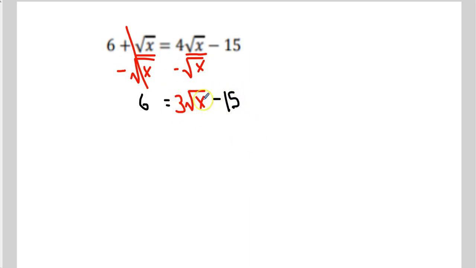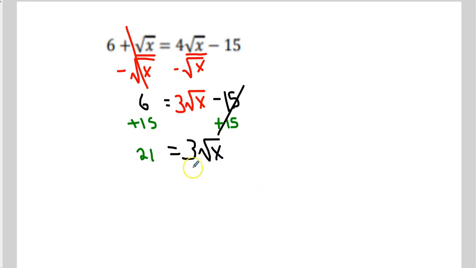To get this 3 square root of x by itself, I need to move the 15 over. So let me add 15 to both sides. 6 plus 15 is going to give us 21. Negative 15 plus 15 is going to cancel. We still have our 3 square root of x.